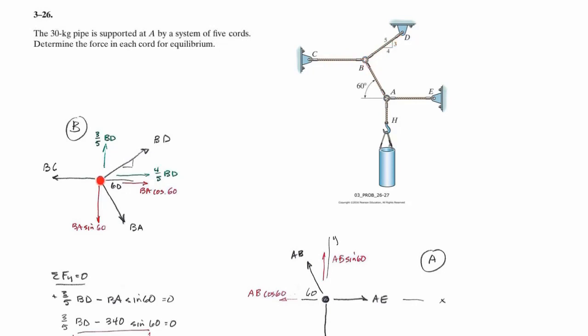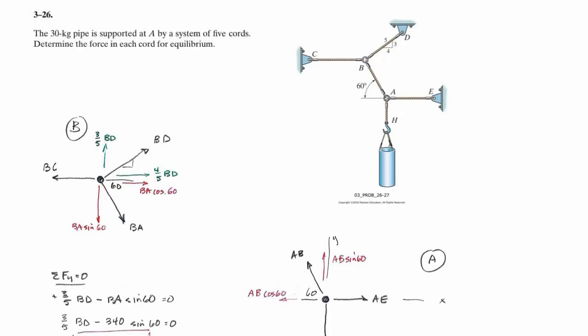BD has a 4/5 component and a 3/5 component, and this is going to be 60 degrees here, which means that this is going to be 60 degrees here. So I use this as the cosine component of BA, and the sine component of BA.